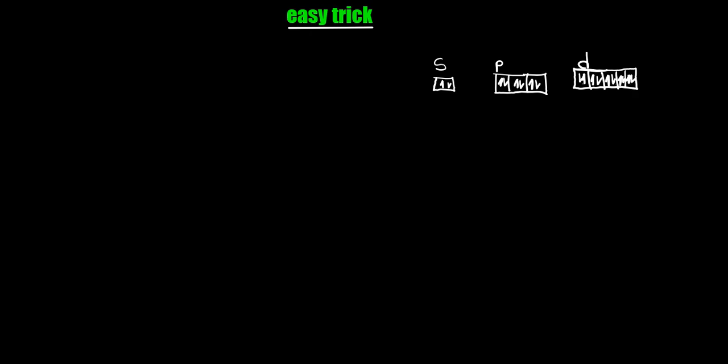For the f orbital, it will look like this. These are the orbitals I'm writing here. The f orbitals will have 7 orbitals; we add 4, so these will be 14. So they will have 14 electrons, meaning there are 7 orbitals: 1, 2, 3, 4, 5, 6, 7, like that.